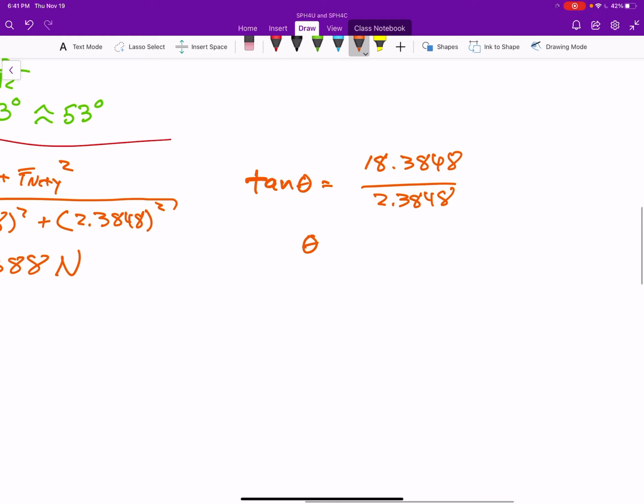So then that means our theta is 18.3848 divided by 2.3848 equals that. And then I want to do the inverse tangent of that. 82.609, which we're just going to call 83 degrees.